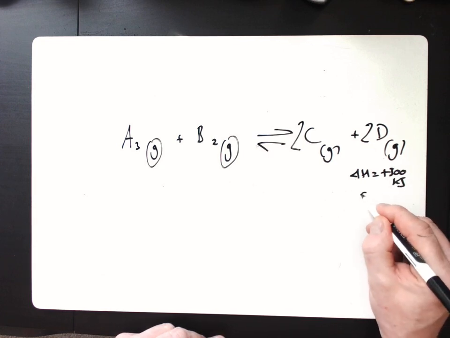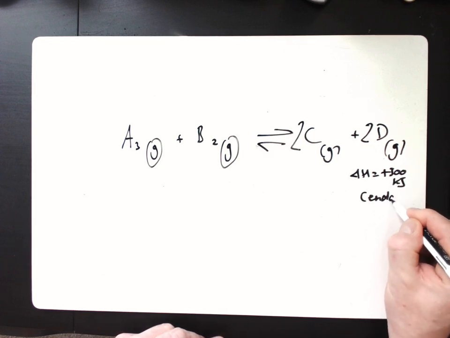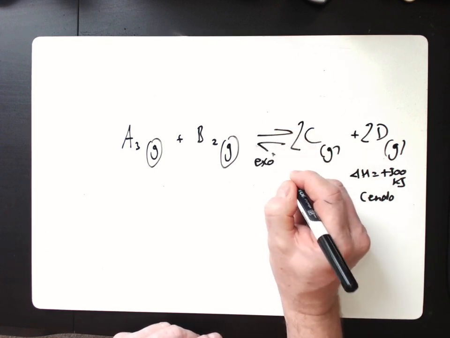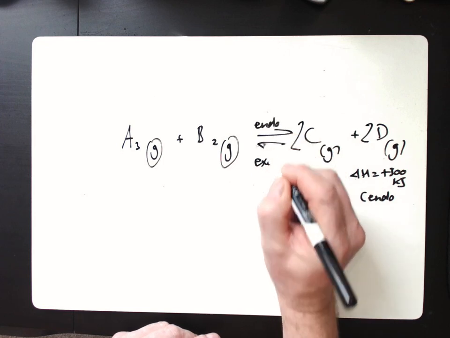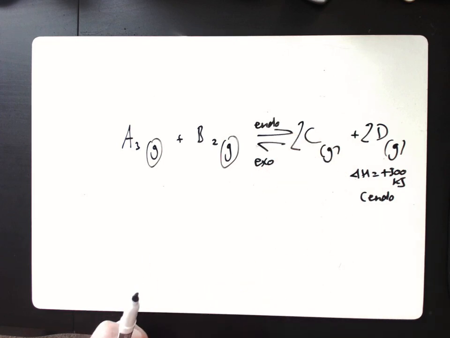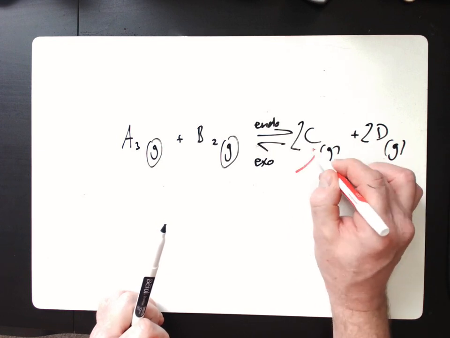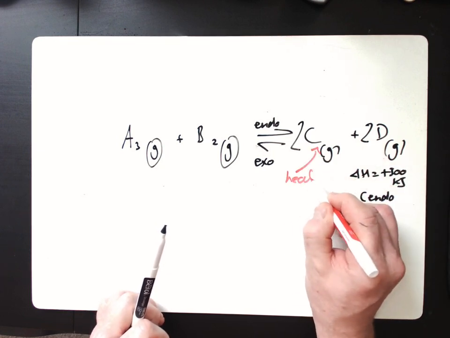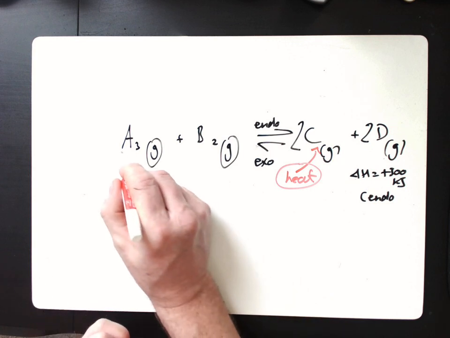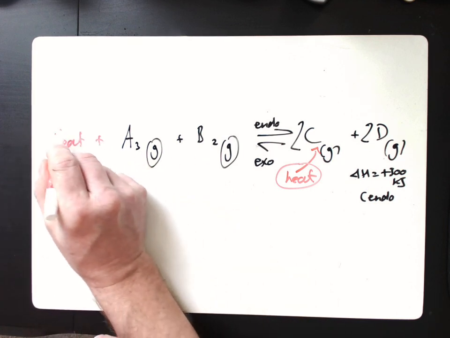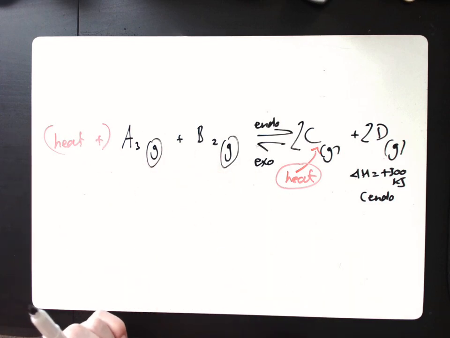Just to remind you, that means it's endothermic, which means the forward reaction is endothermic and the reverse reaction is exothermic. It's good to annotate your work: the forward reaction takes in heat, whereas the reverse reaction will be producing heat, giving you out heat.